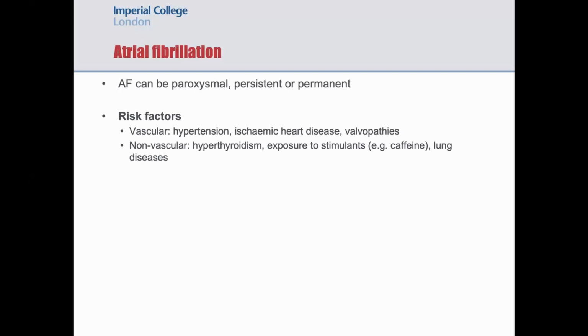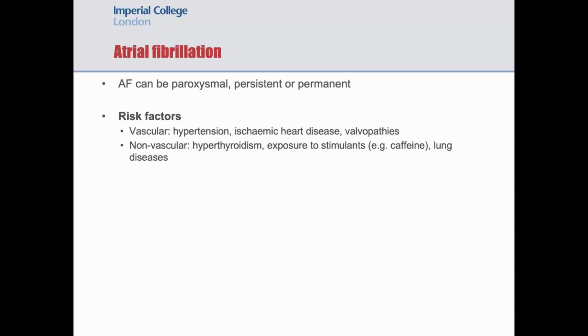So risk factors for any arrhythmia can include any underlying heart diseases. That includes ischemia, and hypertension as well, even though that's a vascular risk factor. Any problems with the valves can also contribute to abnormal rhythms.